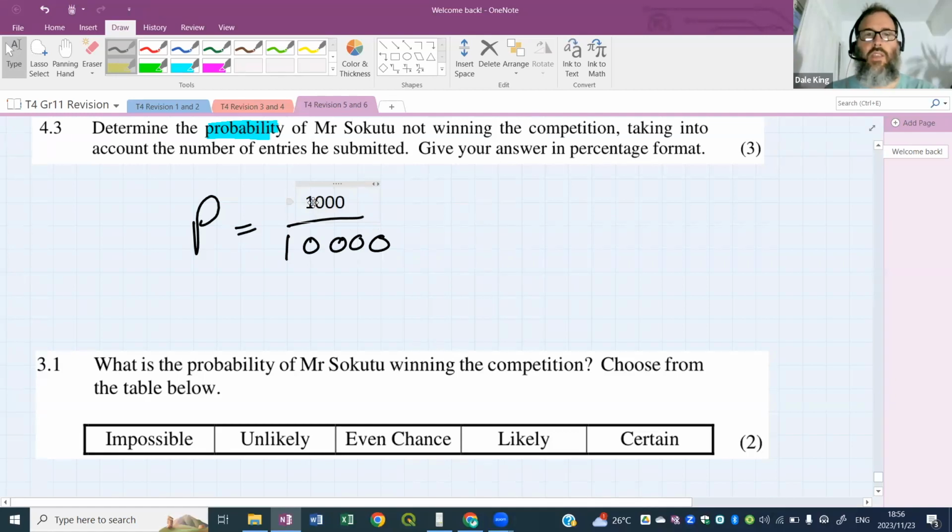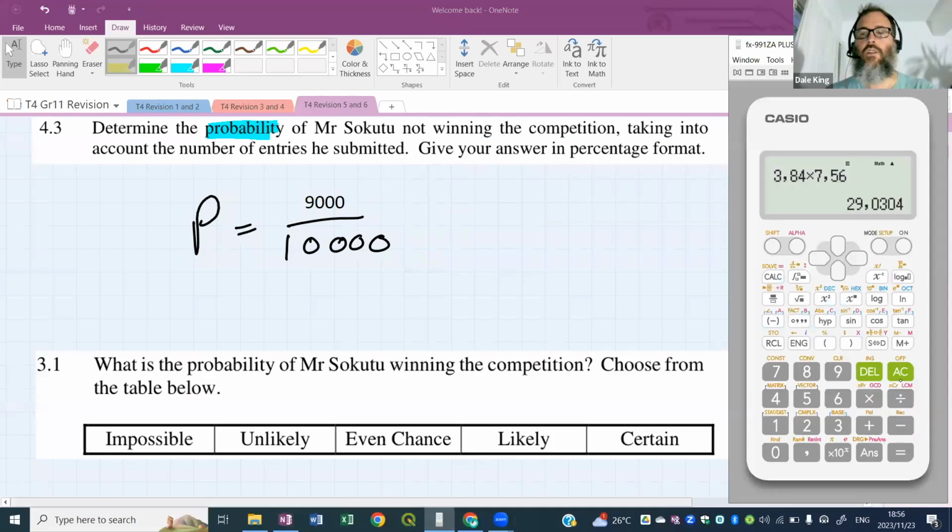It's everything else. So there's 10,000 possible, 1,000 will get the win, so all the rest will be not winning. So it's 9,000 out of, sorry, not 9,000 out of 1,000, 9,000 out of 10,000. All right, now we need this as a percentage. So you all know that we have to multiply this by 100. Well done, Keon. So that's 90%.